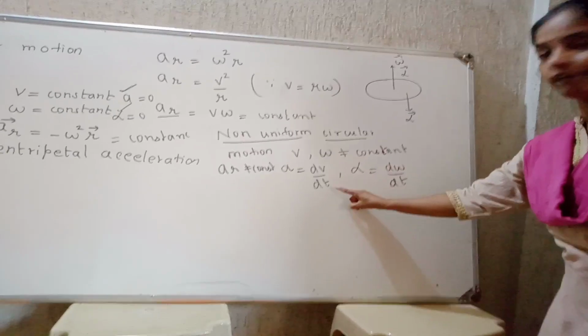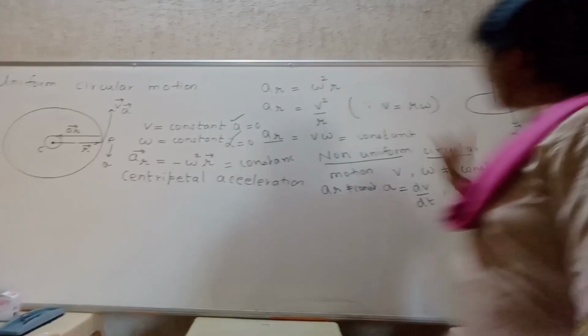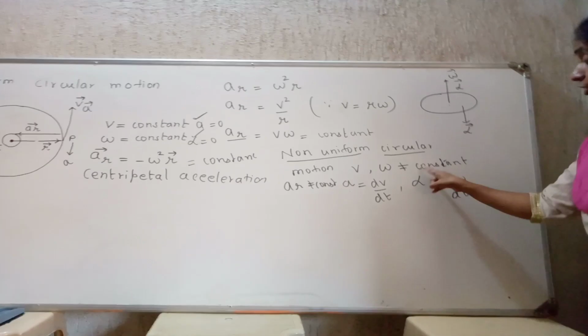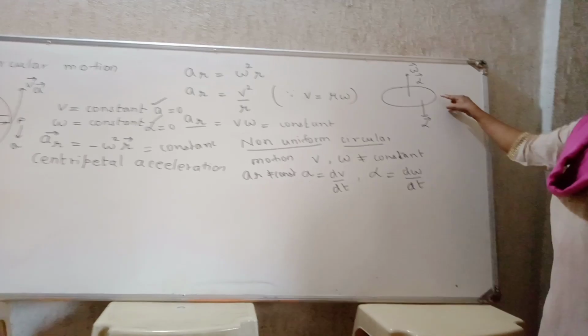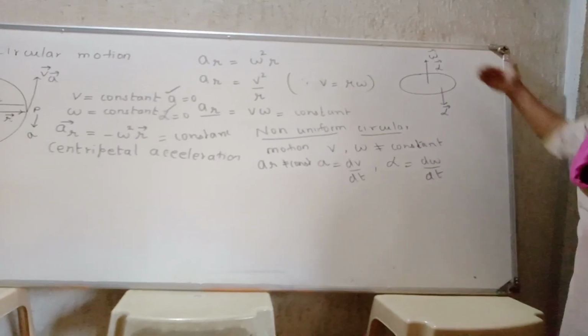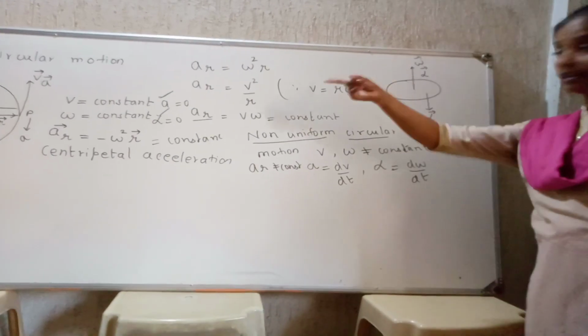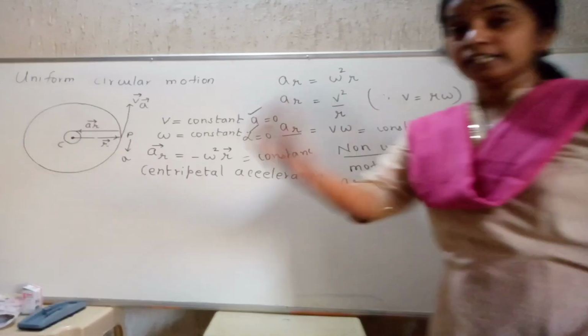A equal to dV by dt comes into play, with direction along the tangent. Alpha comes into play because angular velocity is not constant. It is increasing or decreasing, so alpha is either in the direction of omega or in the opposite direction. Clear? The points are clear? Go to the next part now.